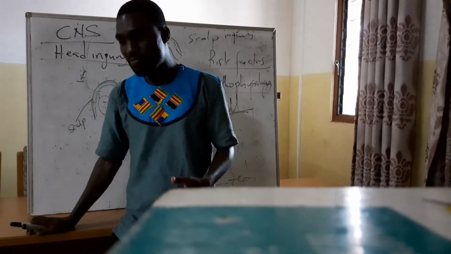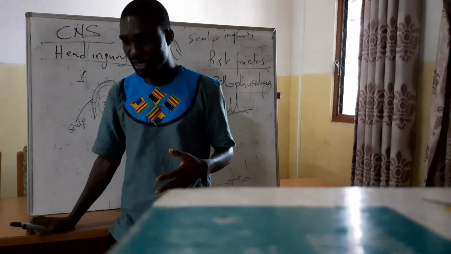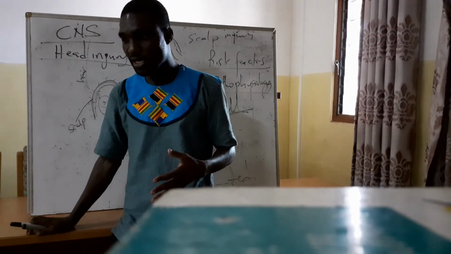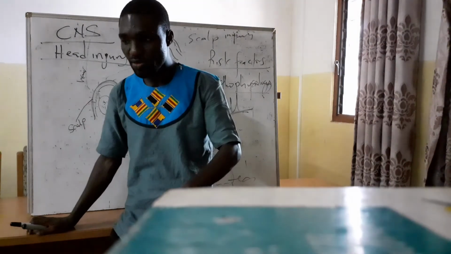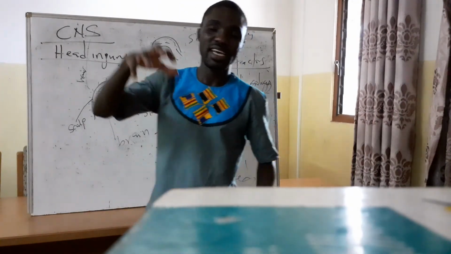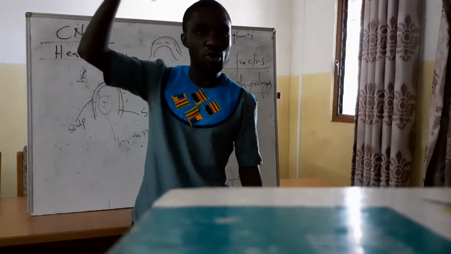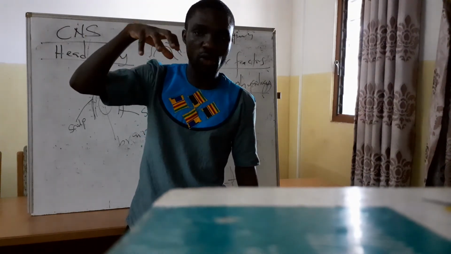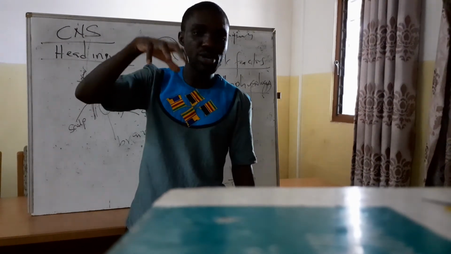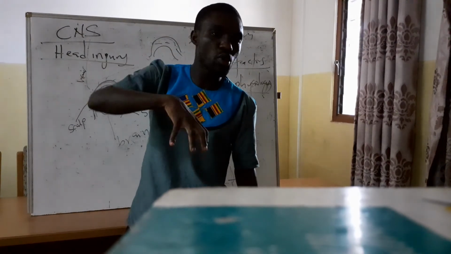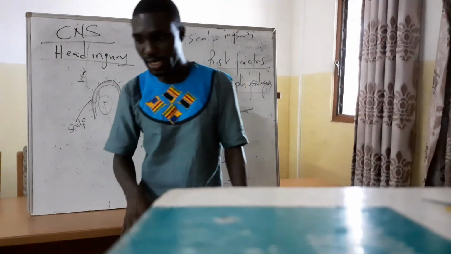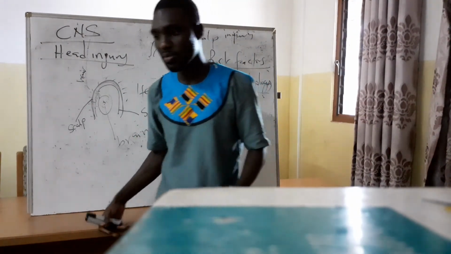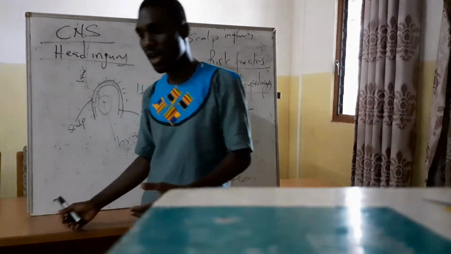And then a depressed skull fracture is when the fractured bone is depressed inwards. So there is an external force on the head, and then it causes fracture of the skull, and then it breaks and moves inwards and compresses on the brain, right? That is what we term as a depressed skull fracture.